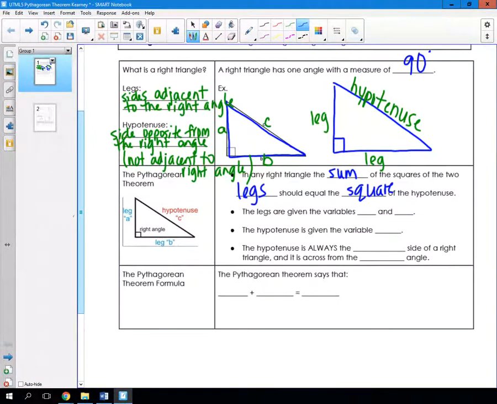In a right triangle, the legs are given the variables A and B. Like I said up top, the two legs are A and B. That's important to the Pythagorean theorem.